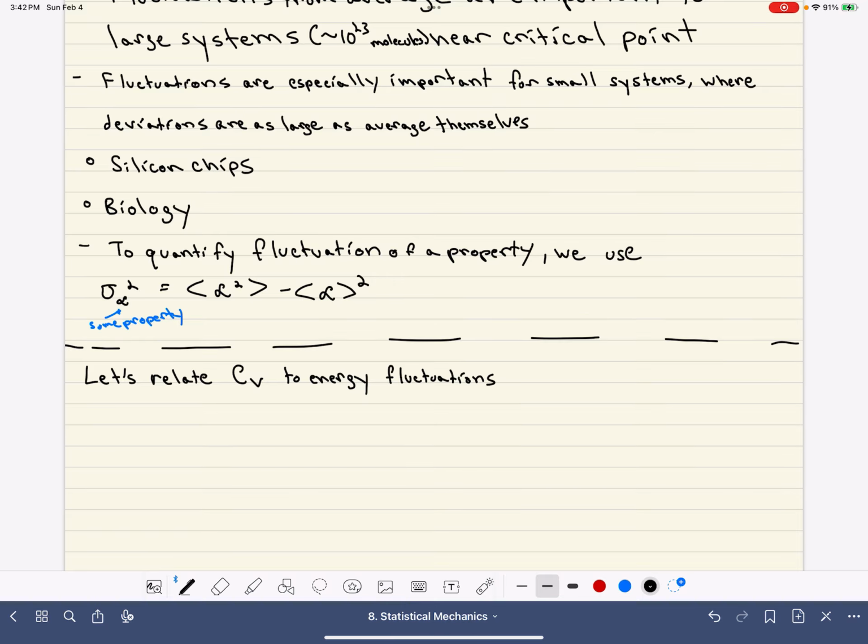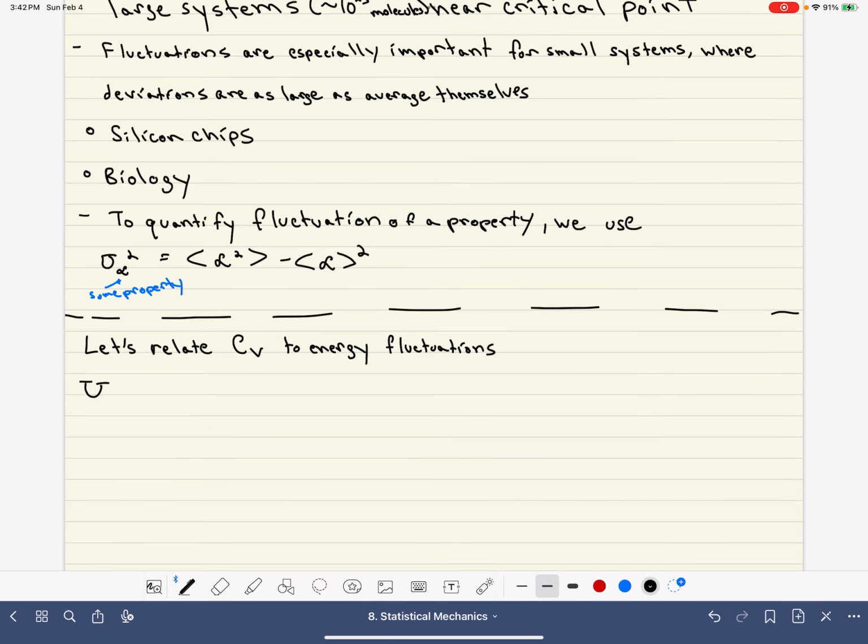We know that the average internal energy of a system is equal to the summation of Uj Pj. Let me put an average here.